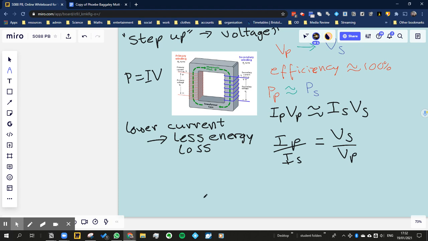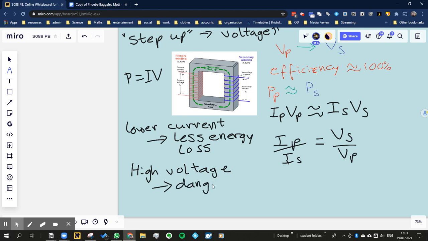It's because it's safer. Lower current means less energy loss, but a high voltage is dangerous. I'm not going to go into why at this point, but high voltage is dangerous.